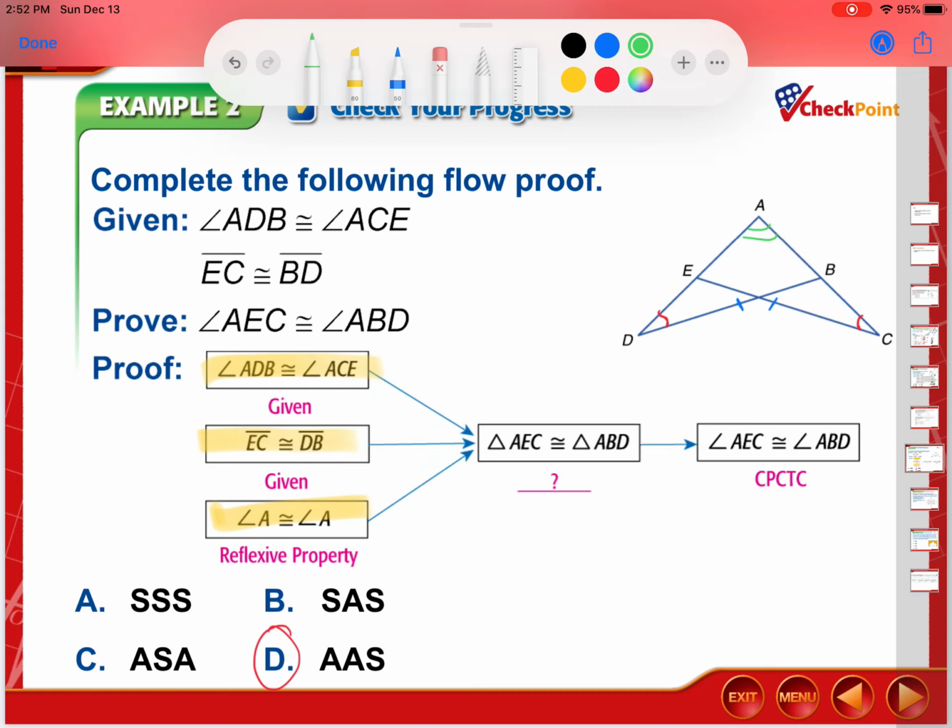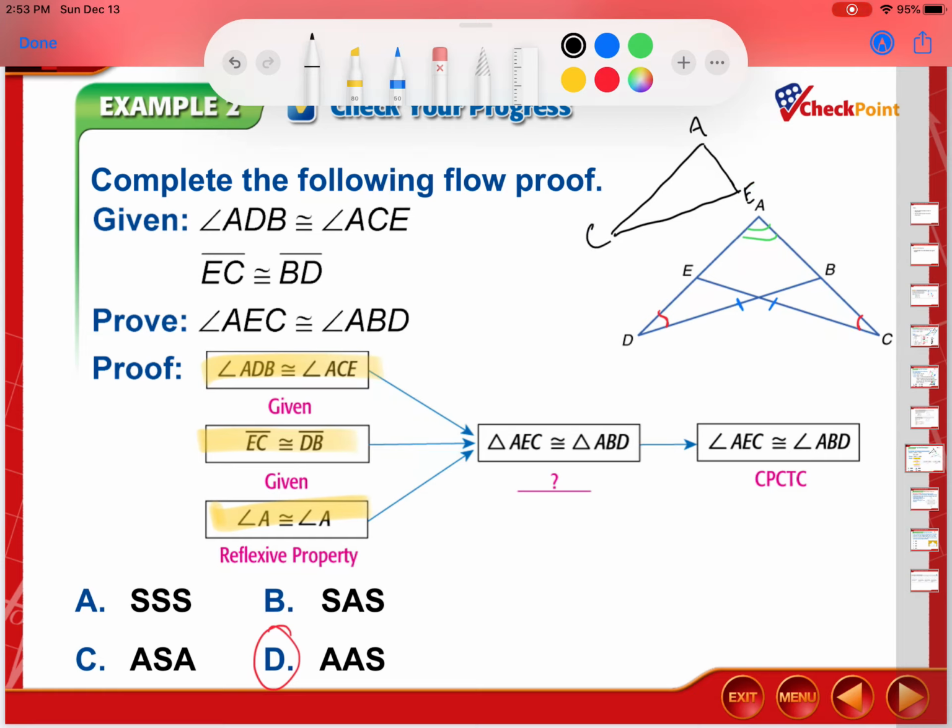And now comes the part that we have to do some work on, and that is triangle AEC is congruent to triangle ABD. So once again, as I've said before, I personally like to redraw these triangles, and so I'm going to do that. So I have goes up, goes down, it kind of goes over.